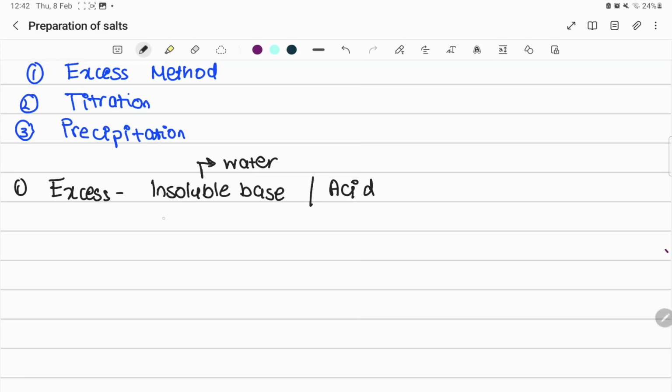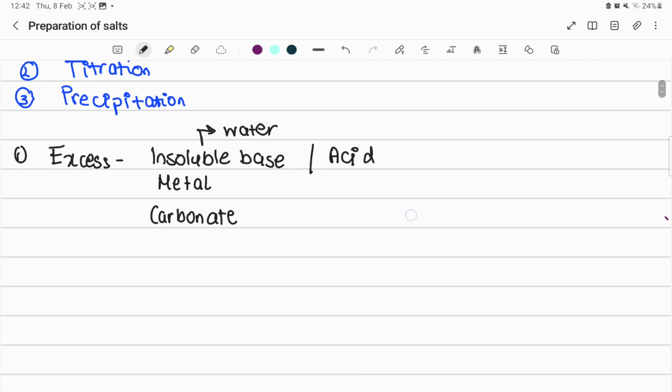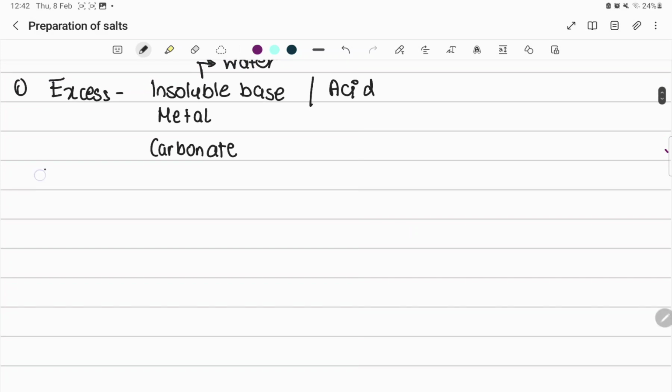It can be an insoluble base, it can be a metal and acid, and it can be a carbonate and acid. So the excess method is between insoluble base and acid, or between a metal and acid, or between a carbonate and acid. I will use the example of copper oxide and sulfuric acid for you guys to understand this method.